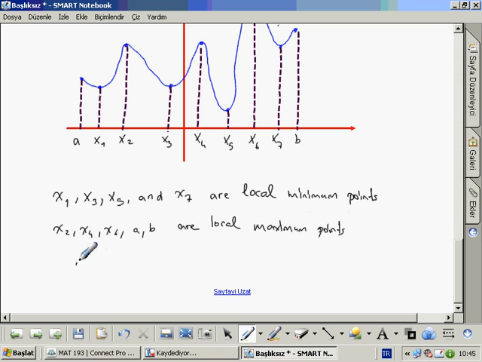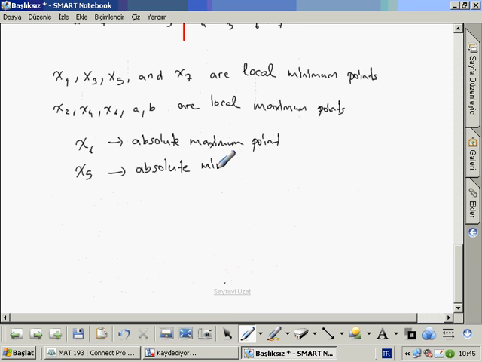And we can say x6 is the absolute maximum point, and x5 is the absolute minimum point.